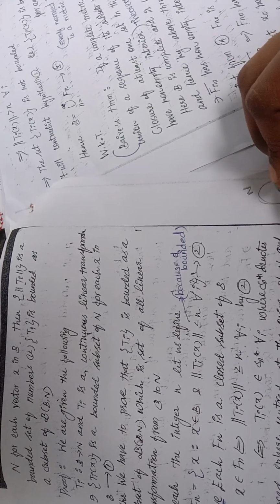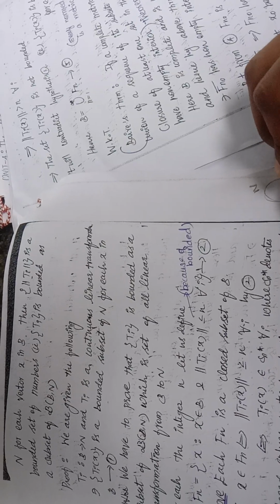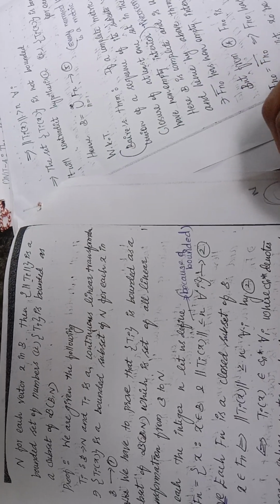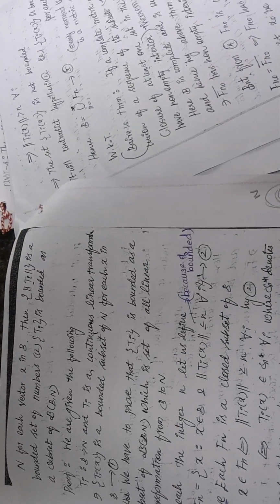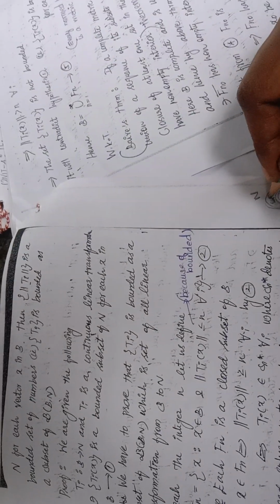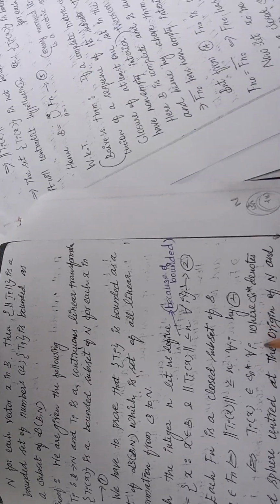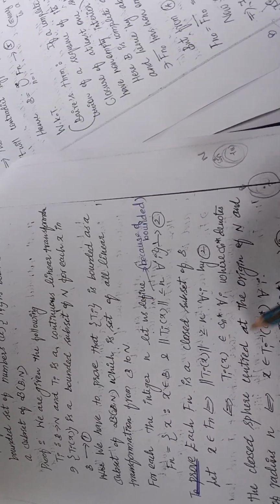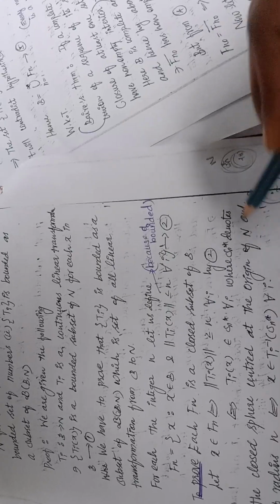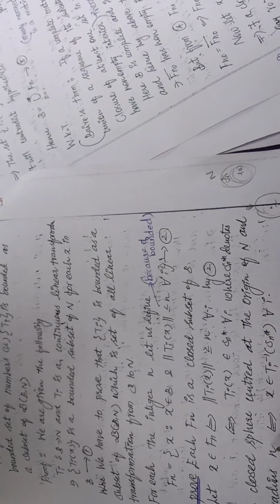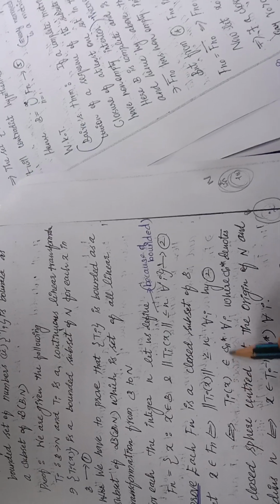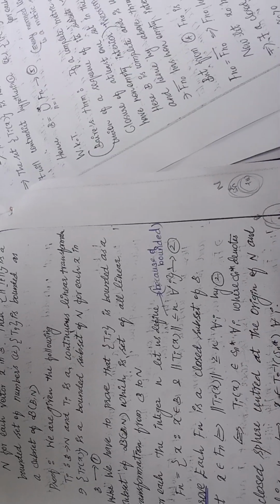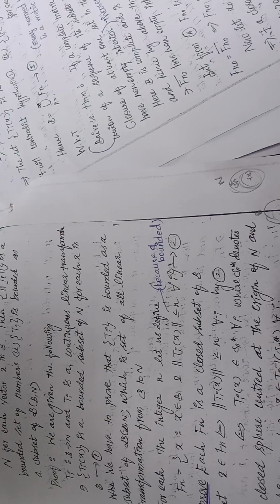So Ti(x) is surrounded by the sphere Sn*, where Sn* denotes the closed sphere centered at the origin of N with radius n. So if Ti(x) belongs to Sn*, then x belongs to Ti inverse of Sn*.